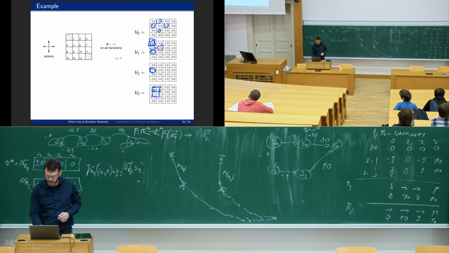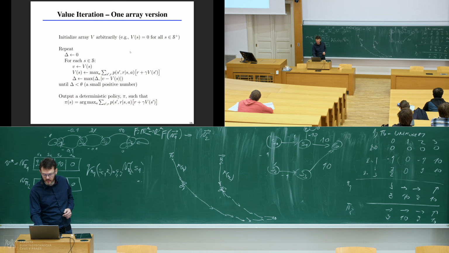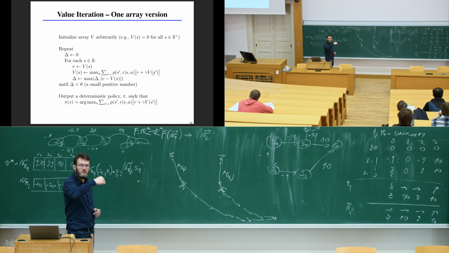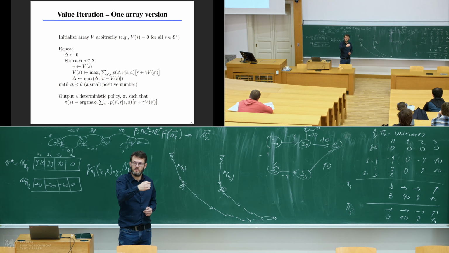Like in the example, we always had the old state of the value function and the new state of the value function, right? We are always computing each value based on the old state. But here we have just one array, one value function, and in any state we are using the same value function.